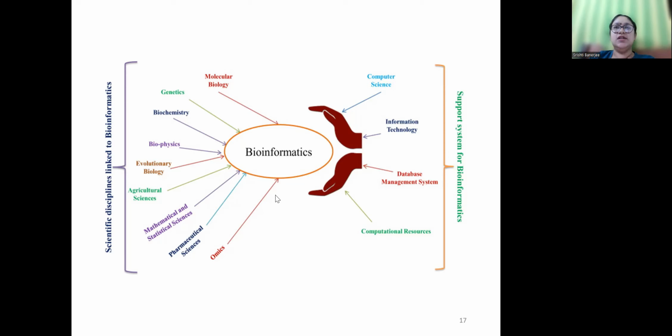Such a load of data is created from each experiment. Be it the sequence of a gene, we have millions of strains of different organisms and so many species. To maintain all these, we heavily require the help of informatics experts. They take our data, manage it, or analyze it.